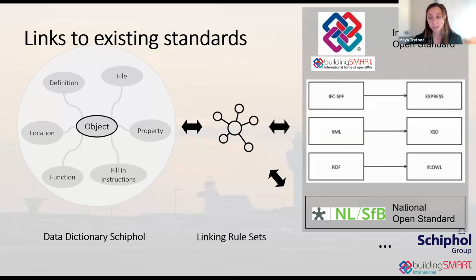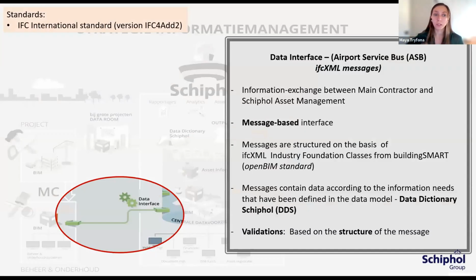In the next slide, you can see more details about the data interface. So in the maintenance phase, the focus is on the population of a database with structured data according to our business needs. So the data is arriving through a data interface from the main contractors in our database, following the information needs that have been defined within the data dictionary of Schiphol, within our data model.